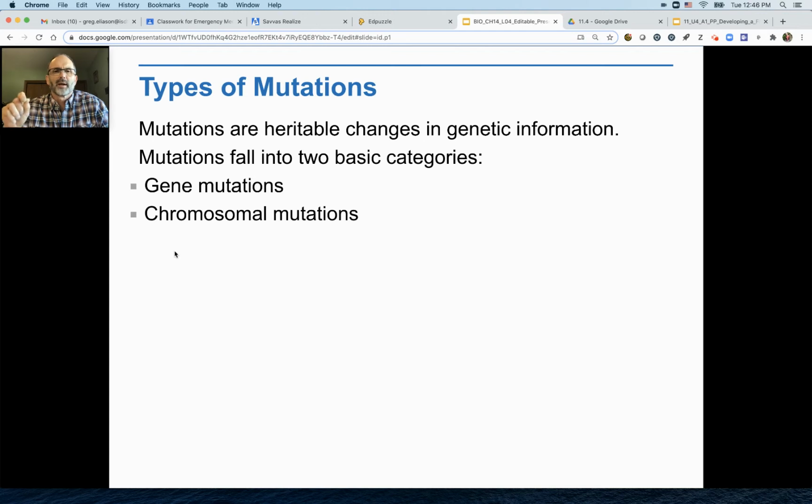So mutations are hereditable changes in genetic information. Hereditable means that they have to ultimately affect the germline or the reproductive cells in an organism. So that change is passed on to the next generation.